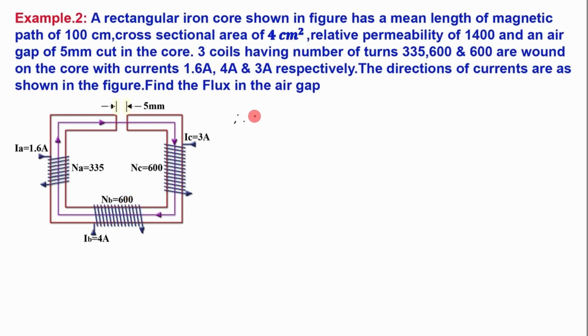Therefore, total MMF F is equal to NA into IA plus NB into IB minus NC into IC.